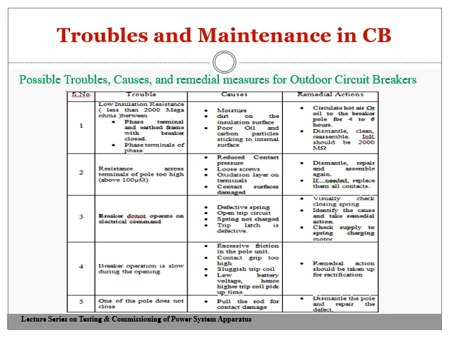Now these are the possible troubles, the causes and the remedial measures for outdoor circuit breakers. The table shows the possible troubles that are going to occur in circuit breakers, why these troubles get caused, and if the troubles occur, what remedial actions are to be taken, listed in the table columns.